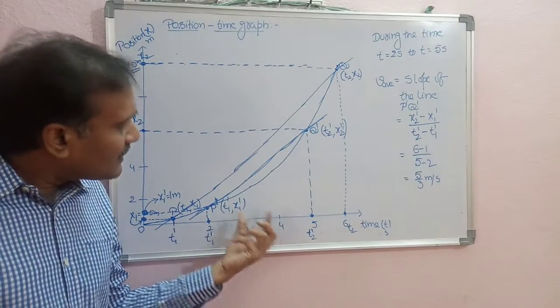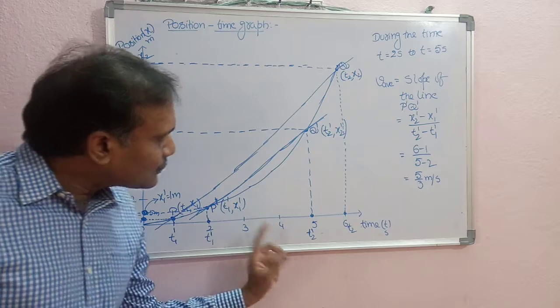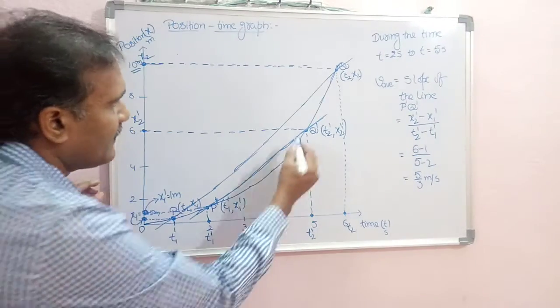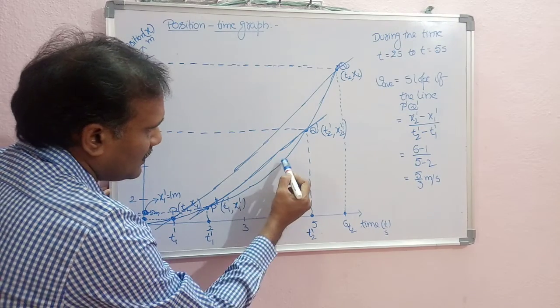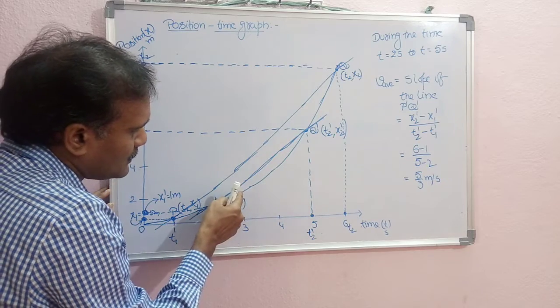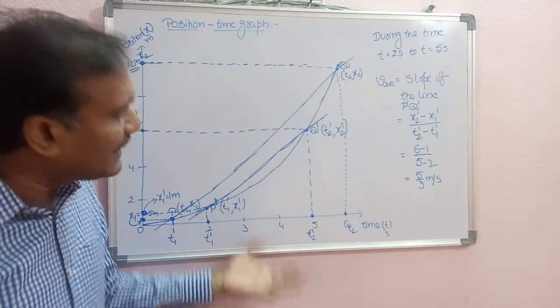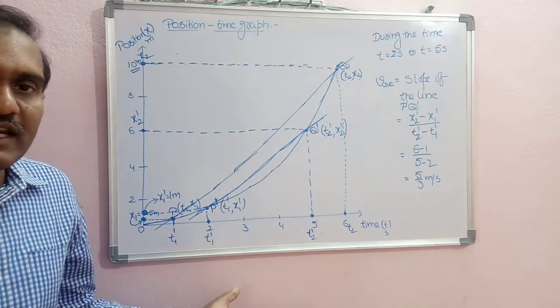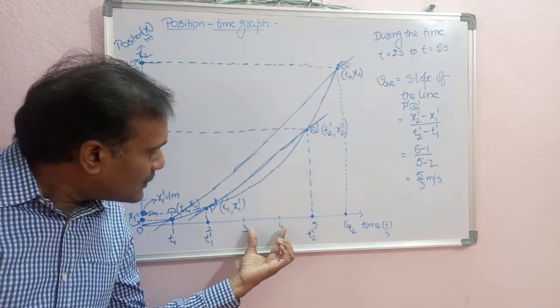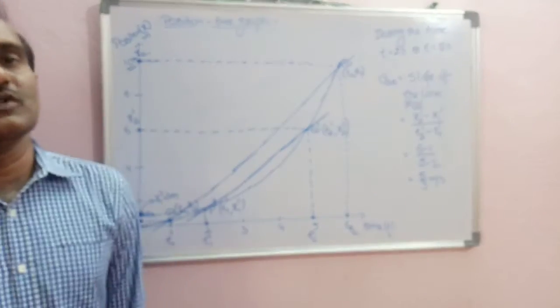If you consider the time interval is only 1 second, that is t is equal to 3 seconds to t is equal to 4 seconds, for this P dash Q dash, Q reaches this position, P reaches this position, and this is the straight line. The slope of that line indicates average speed or average velocity during this time interval t is equal to 3 seconds to t is equal to 4 seconds.